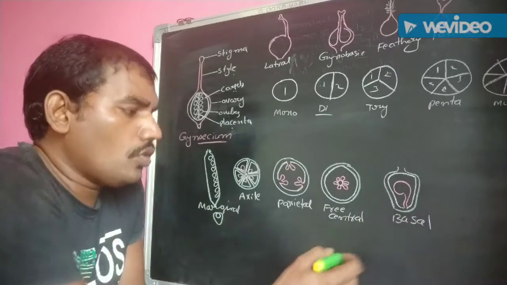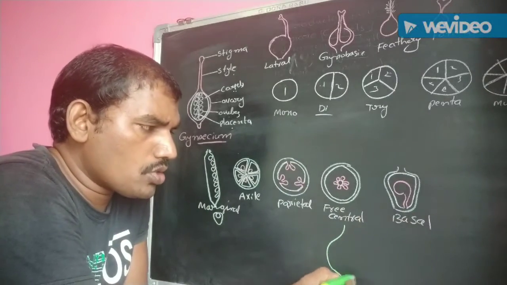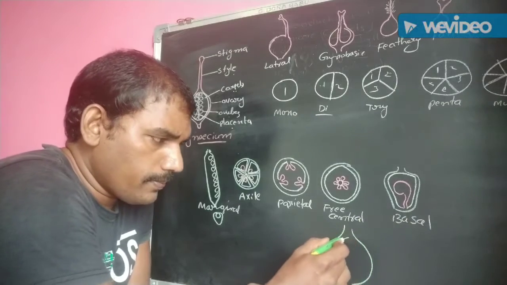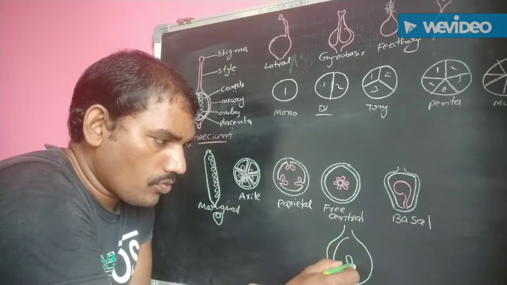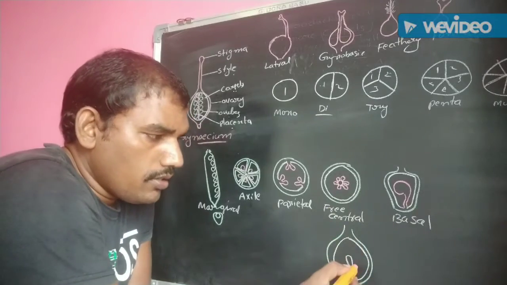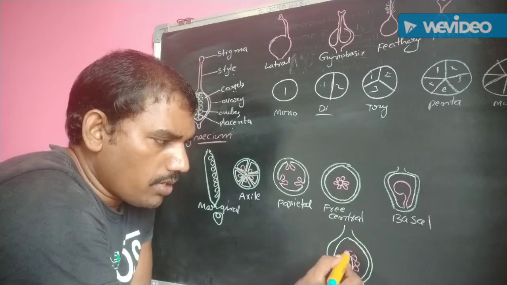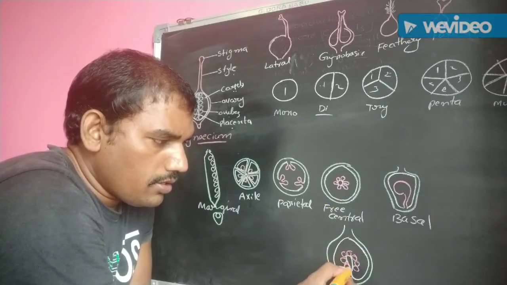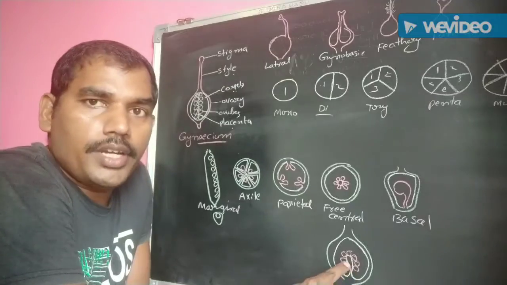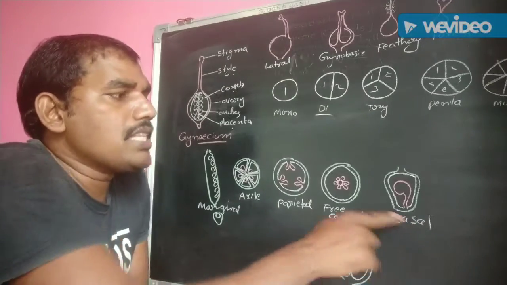It is also shown diagrammatically in a vertical plane like this. So many ovules are present on the incomplete placenta.